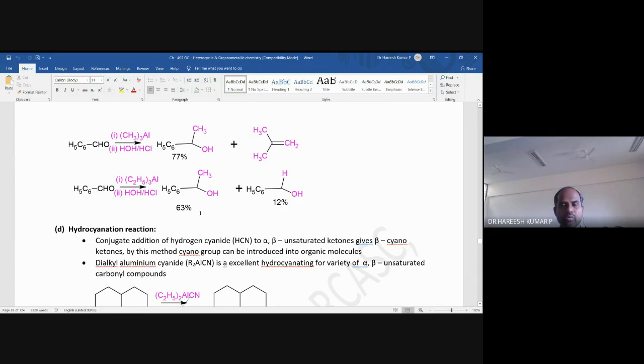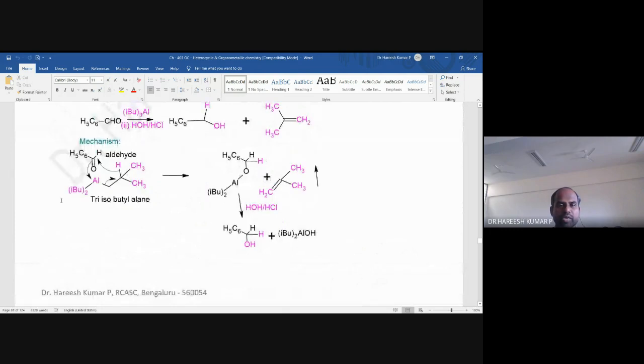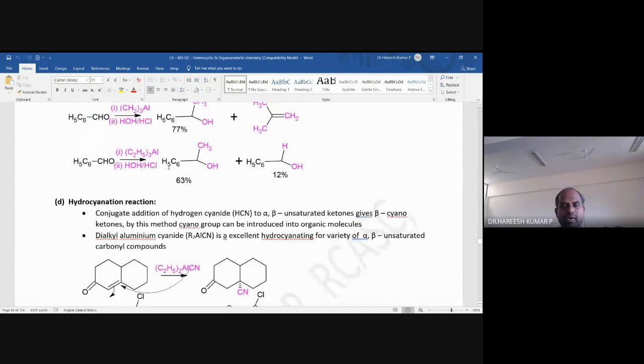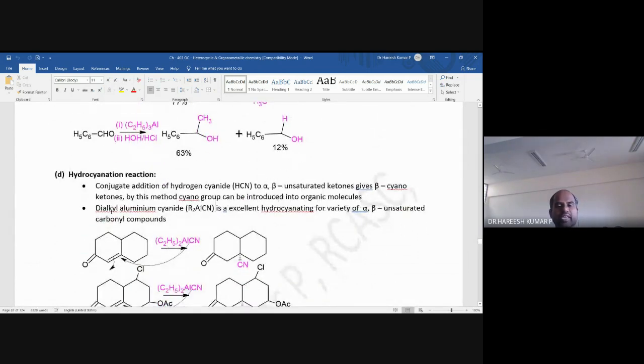These are the two products. So if you want to write the mechanism, you have to follow the previous one, that means this one, a 6-membered transition state. And with this, I will go to the next concept that's called hydrocyanation.